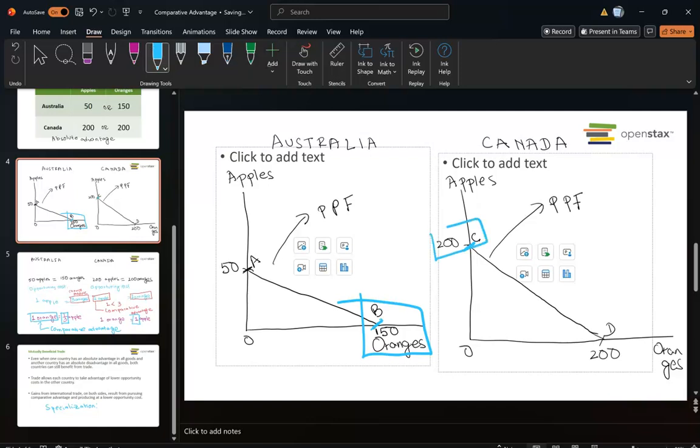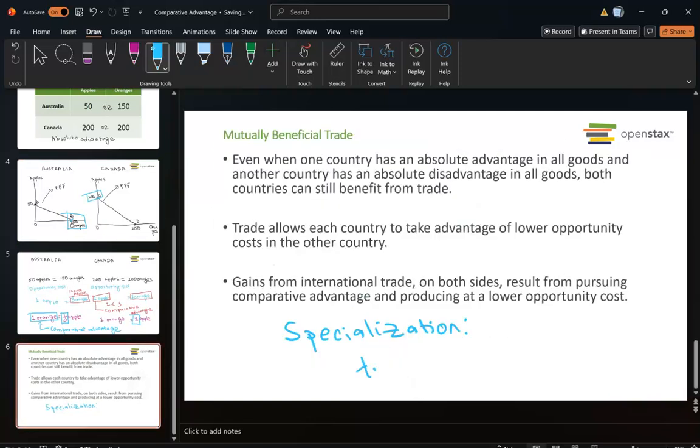So it's going to be at point C. They would specialize, they would agree upon a terms of trade, and they would trade with each other. So this forms the basis of international trade, and that's the concept of comparative advantage or lowest opportunity cost.